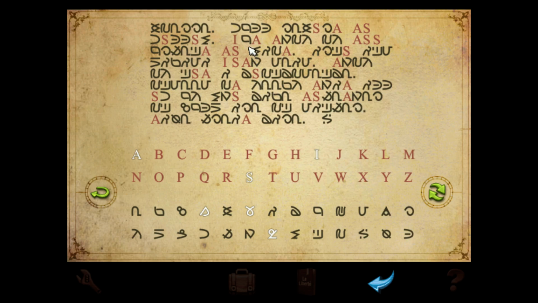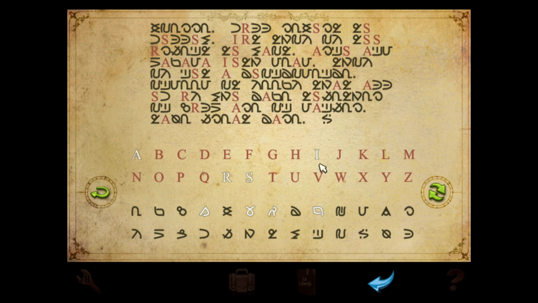Yeah, could be Ira. So let's try that. But I don't think the S is actually in the right place. And then I think the A does need to be changed to this symbol.